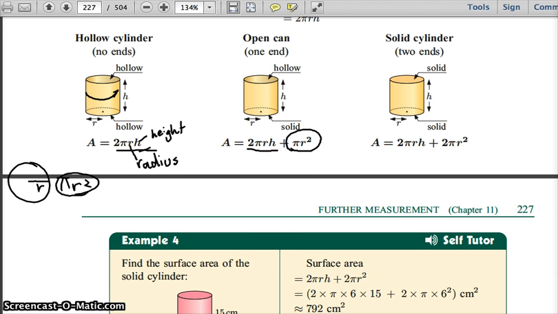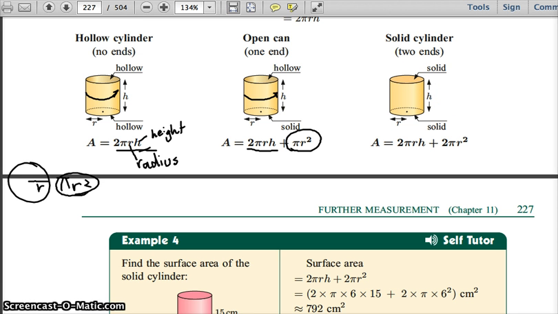Jeremy? Like the outside ring and the bottom bit. Yeah, the curved surface. So this gives you the curved surface, and this gives you your bottom circle, and you add them together. This one here is like an aluminium can.